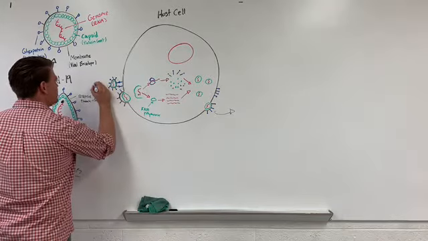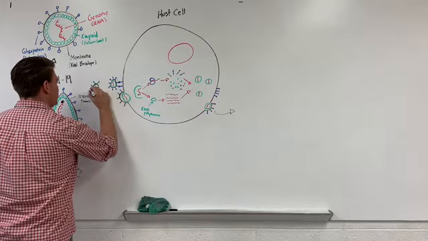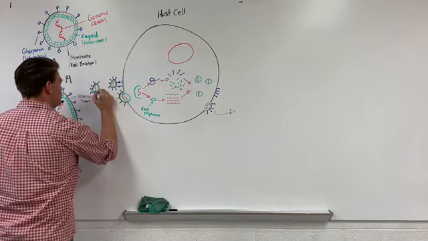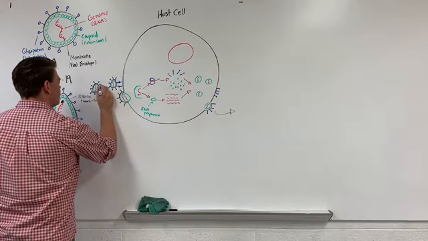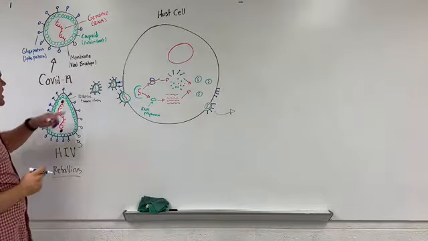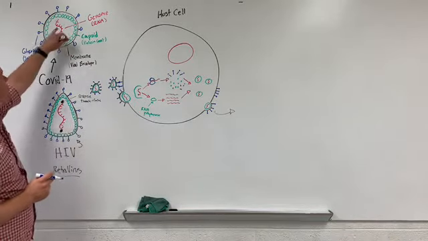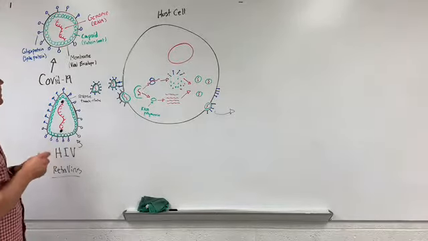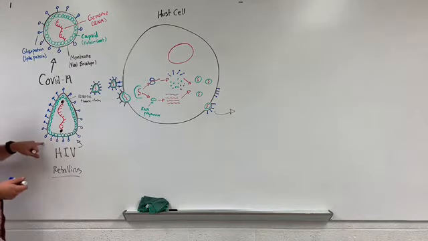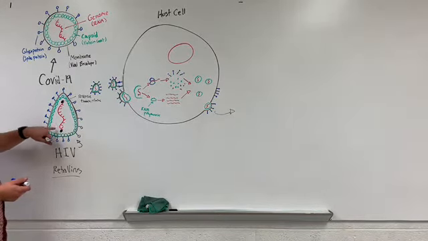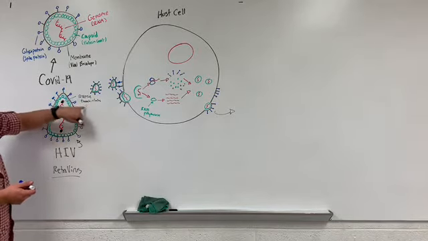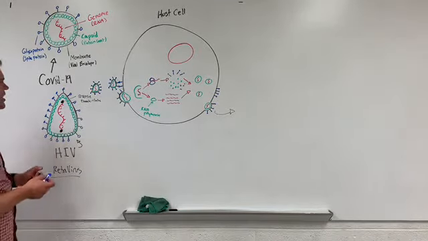So with our HIV, you've got the glycoproteins, you've got the protein coat, that capsid, which has your viral genome. This is also RNA, single-stranded RNA, similar to the genome in our COVID-19. But like I said, it has this reverse transcriptase that makes it a retrovirus.